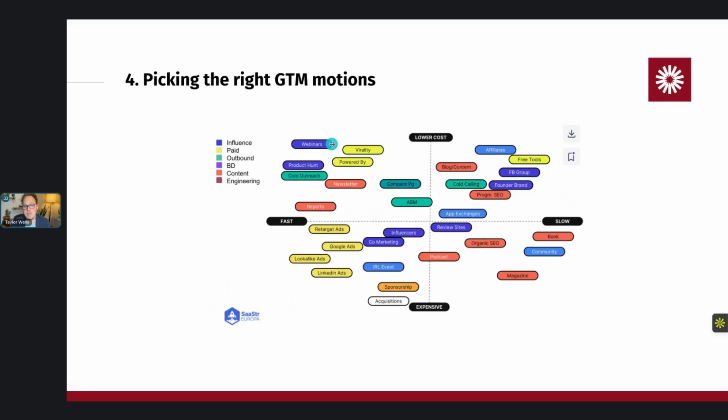But you might do webinars or Product Hunt or a newsletter or all sorts of different things. So these things all take into consideration, once again, your ACV, where your organization's maturity is at, how fast, what your goals are and whatnot. But hopefully that sparks some ideas.